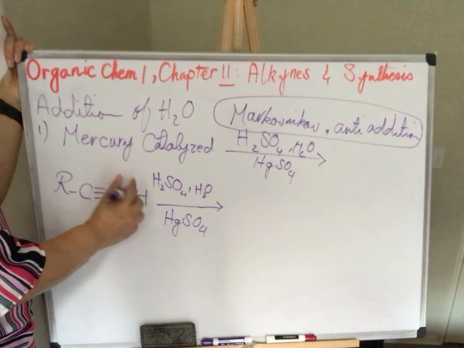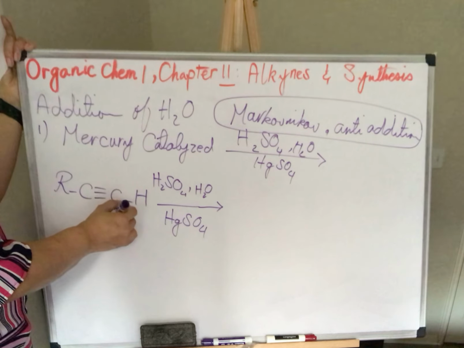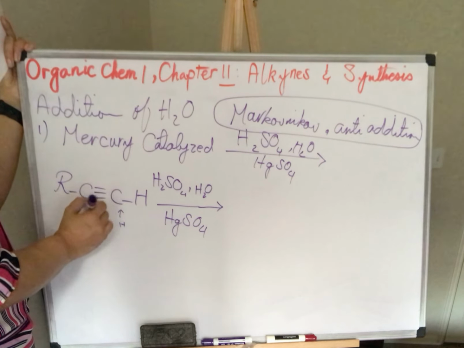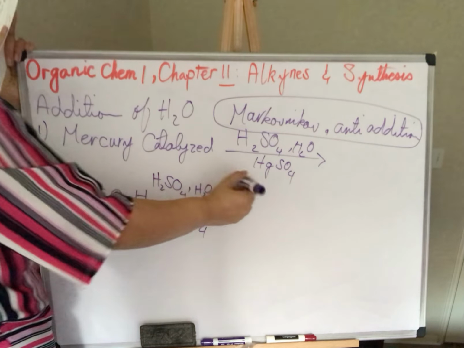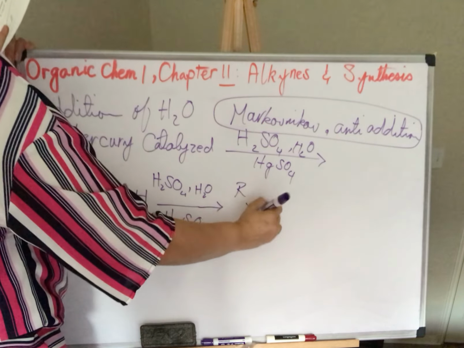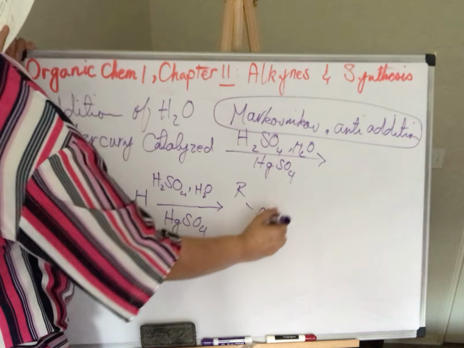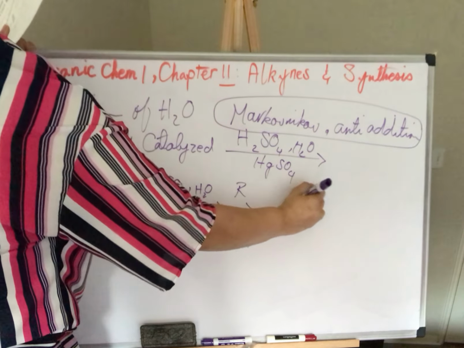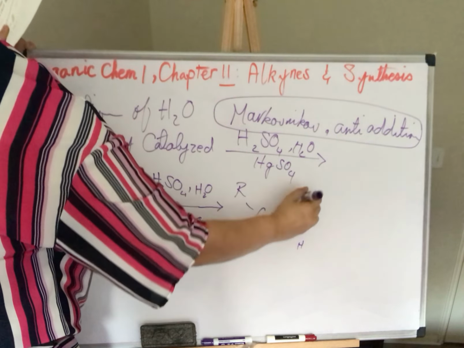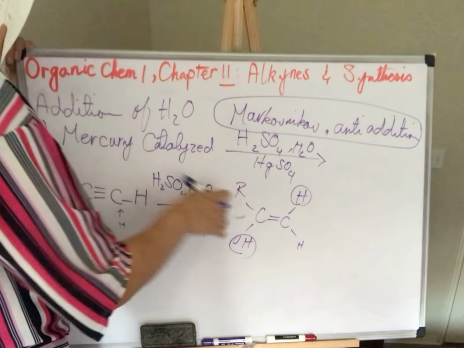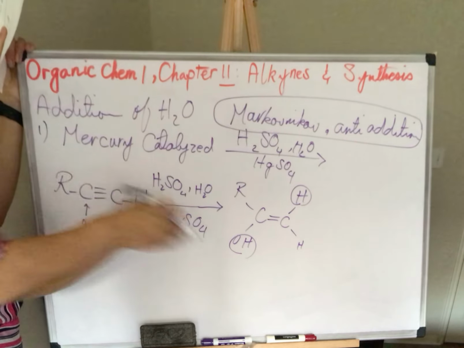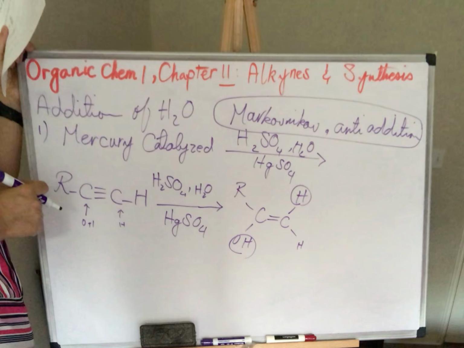Now, if we say Markovnikov means hydrogen will be added here and OH will be added here, right? So we have OH and we have H, and we said it's an anti-addition, so hydrogen and OH are on the opposite sides of each other.